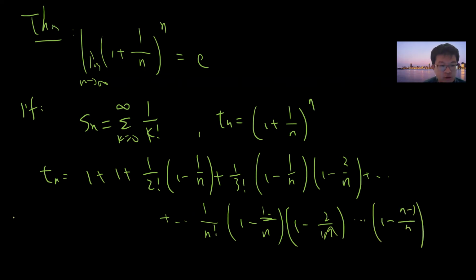Okay, so this is just a binomial expansion. It should still not be so difficult. So from here, it is obvious that T_n is less than or equal to S_n, right? So you can take the sup, and I already know that S_n converges. So let's take the limsup.